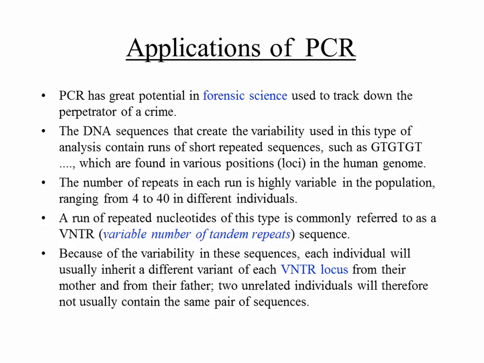So because of this variability in these sequences, each individual will usually inherit a different variant of each VNTR locus from their mother and from their father. And therefore, two unrelated individuals will not usually contain the same pair of sequences. Okay, but at least if you're related, probably there will be some similarity. Some of the sequences will be similar. So that's how you can track down relatives also.